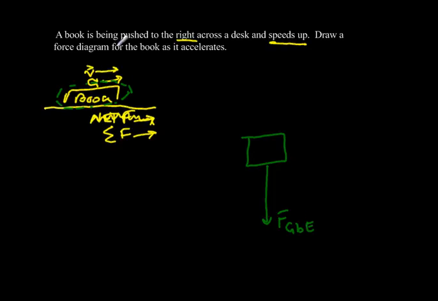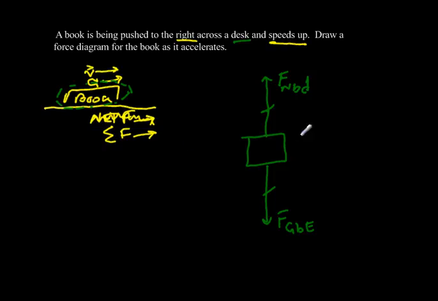I have no motion in the up and down y direction, so I'm going to draw an arrow up, similar in length: force normal on the book. It's a desk. Here it says desk, so I'm going to use D. Now, that takes care of my up and down, and these two are the same. I can do that to help me see that.